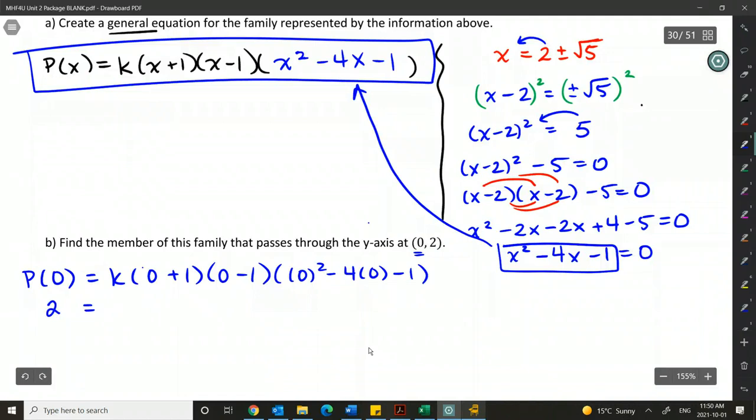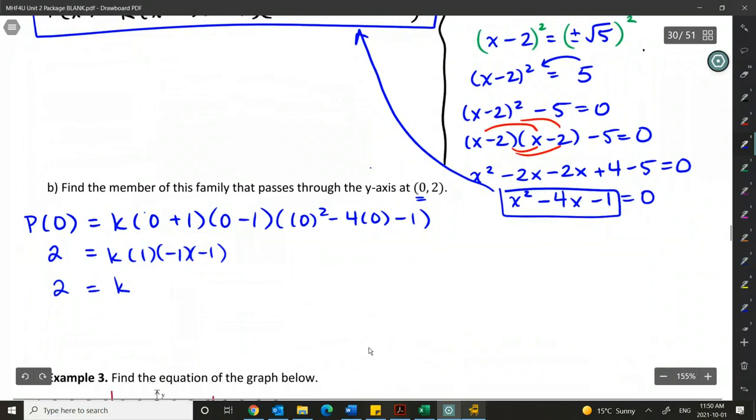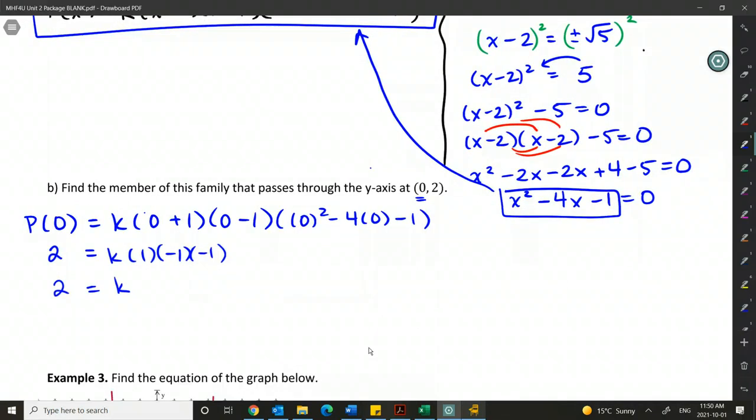The polynomial when x equals 0 is equal to 2. Simplify. Okay, and then just plug it back in for k.